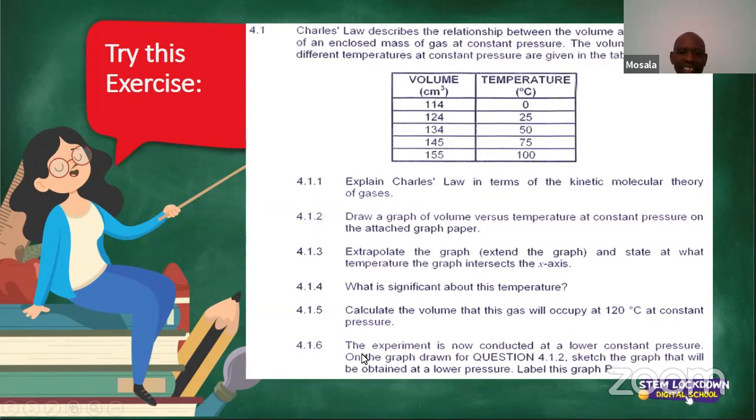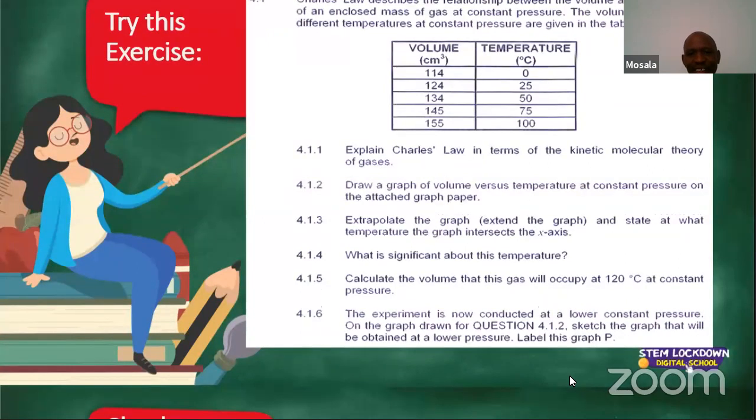And the last question is, the experiment is now conducted at a lower constant pressure. On the graph that was drawn in 4.1.2, sketch the graph that will be obtained at lower pressure. Label this graph P. So let's carry on.